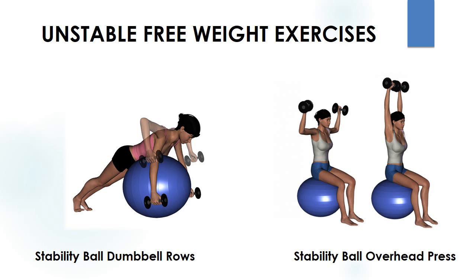Here's an example of an unstable load on an unstable surface now in the upright position, and this of course requires tremendous core activation and stabilization. Otherwise, this athlete or this patient would simply fall over onto the floor.